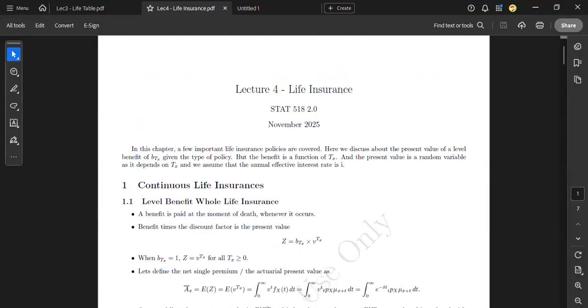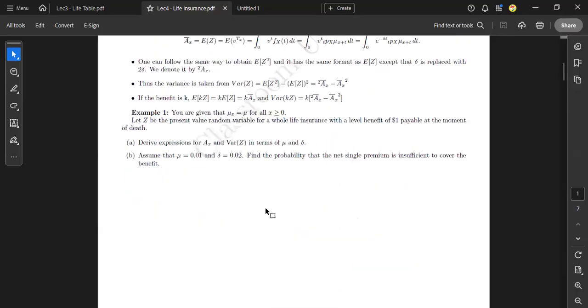Before that, I will distribute the material. Okay, so I have distributed the lecture slide or the material with you.